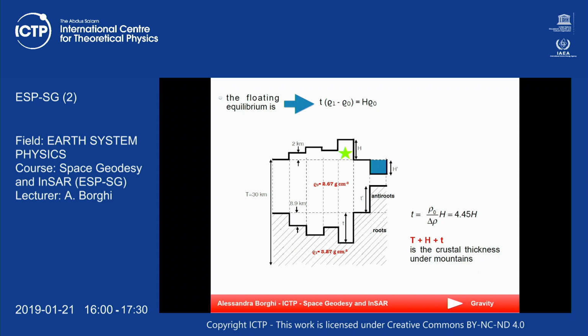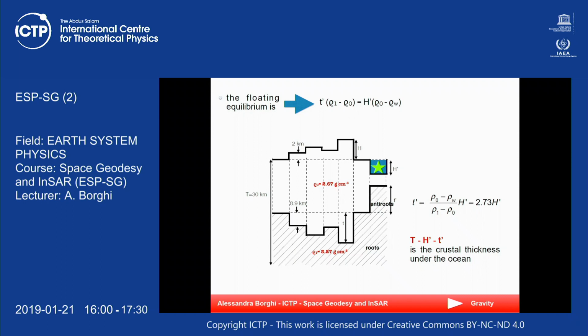And you can see that if you use standard values such as the ones reported in the plot, you have 4.45 multiplied by the height of the topography. Okay, this is when you have a height greater than 0. Now we have to see what happens when you are here. You have to reduce.